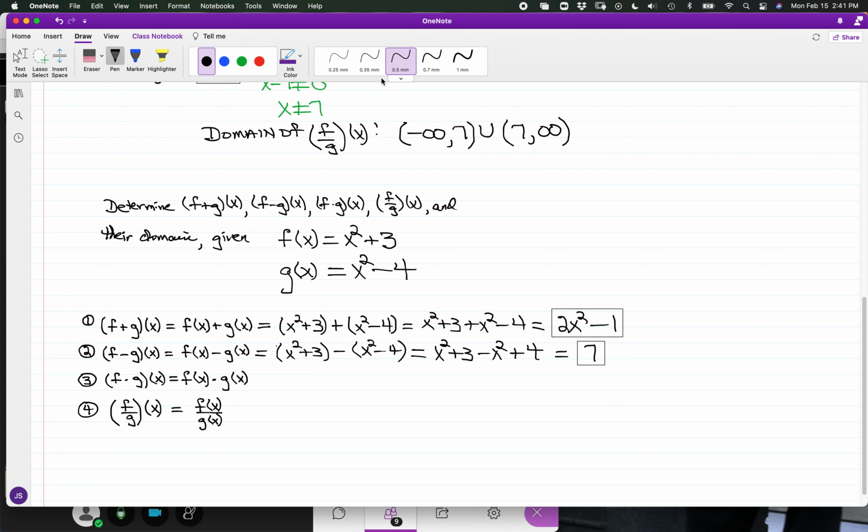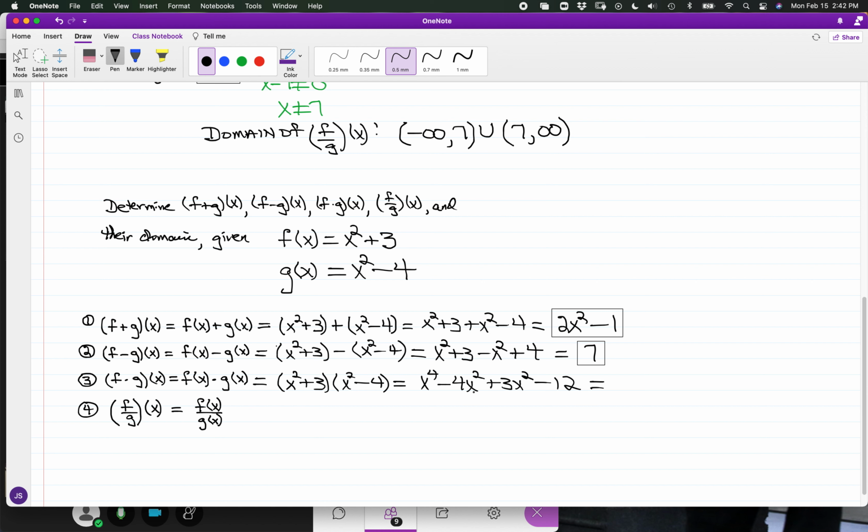Now in the case of the product function, for f of x times g of x, we have the quantity x squared plus 3 times the quantity x squared minus 4, and multiplying together, we have x to the 4th, minus 4x squared, plus 3x squared, and minus 12.